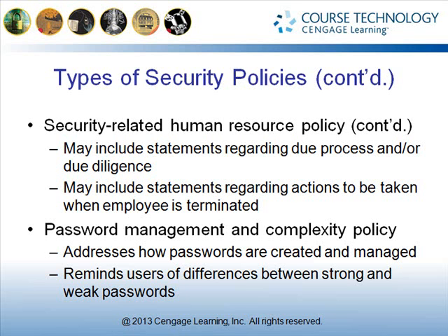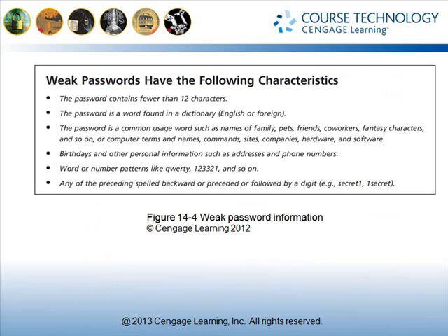Now, in addition to controls that can be implemented, users should be reminded of how to select and use passwords and what the difference between a strong and a weak password is. Here's an example of weak password information that might be contained in a security policy.